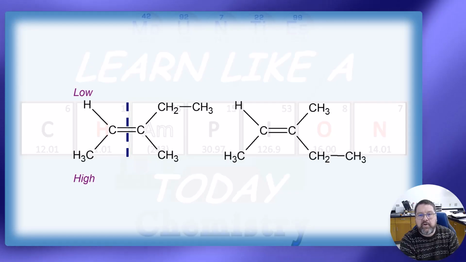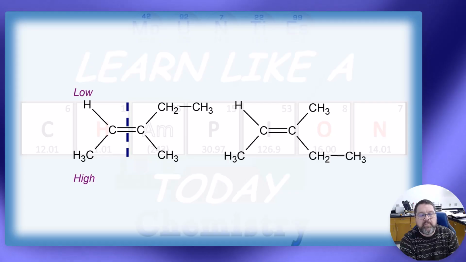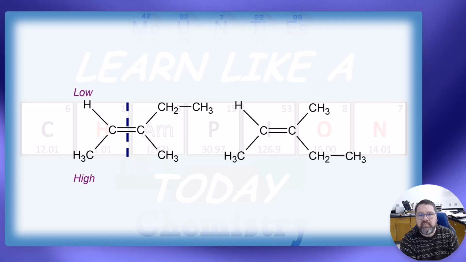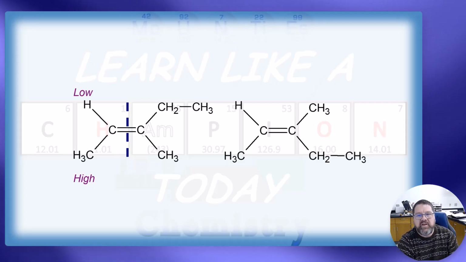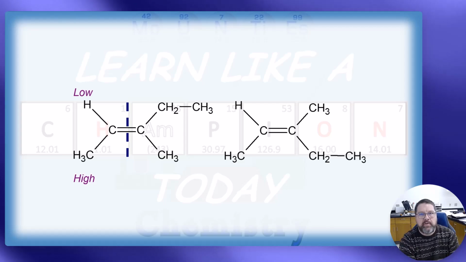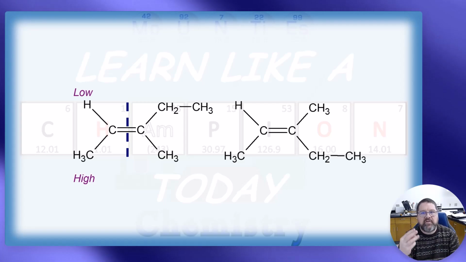On the right-hand vinylic carbon, the first atom out is a carbon in both directions. So that's not going to give us any information. So then we have to look beyond that. The lower carbon is attached to 3 hydrogens. The upper carbon is attached to the next carbon and 2 hydrogens.